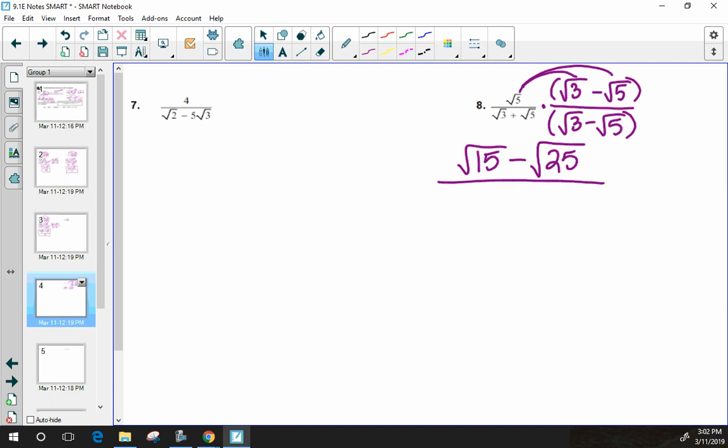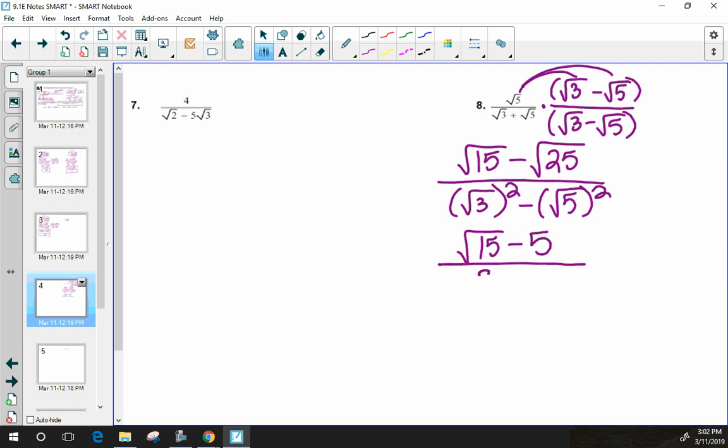That'll be nice. In the bottom, I know I'm getting the square root of the 3 squared minus the square root of the 5 squared. Okay, so then we clean that. We get square root of 15 is still there, but this is just a whole number, 5 though, minus 5.